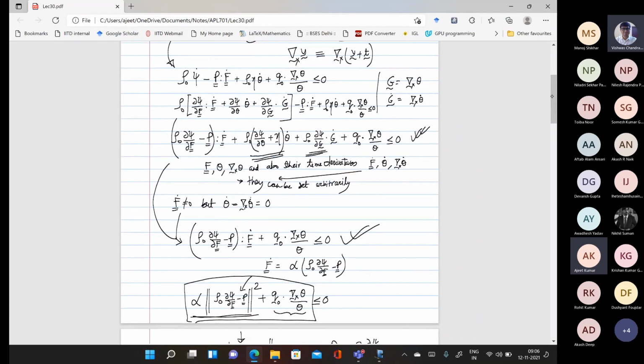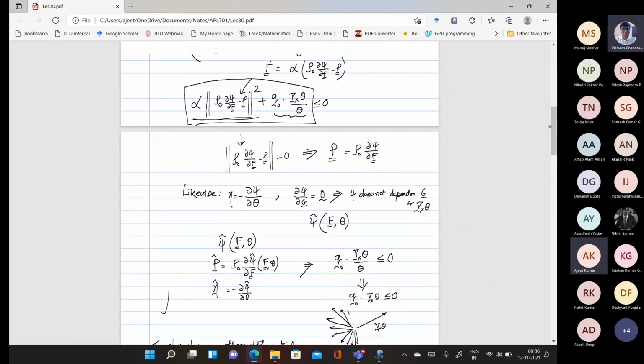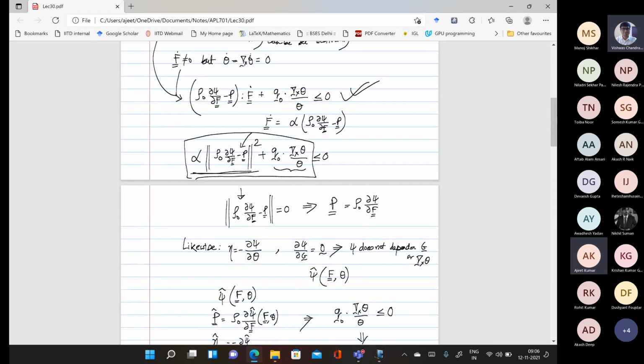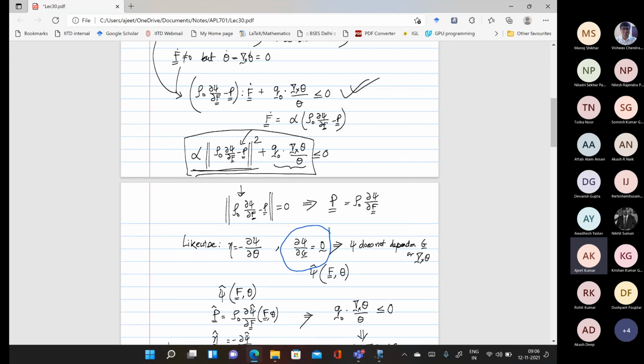So let me see where it is. Del psi by del g somewhere. Yeah, this one. You see, this is what we got here, no? And how did we get this? From that inequality, g dot can be chosen arbitrarily.